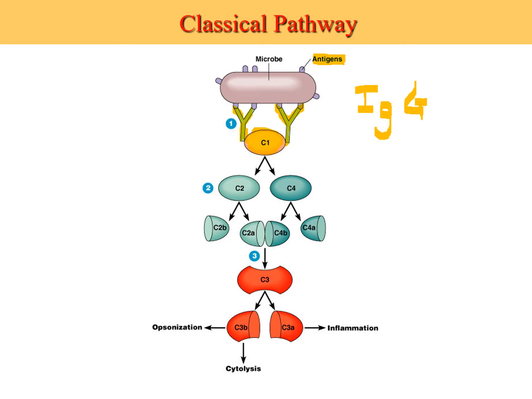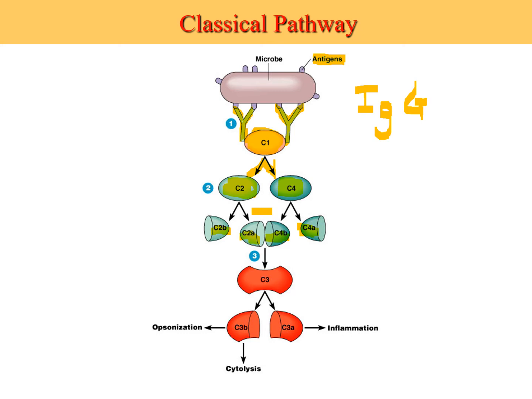And C1 goes on to activate C2 and C4, two other complement proteins. C2 splits into 2A and 2B, and C4 splits into 4A and 4B.